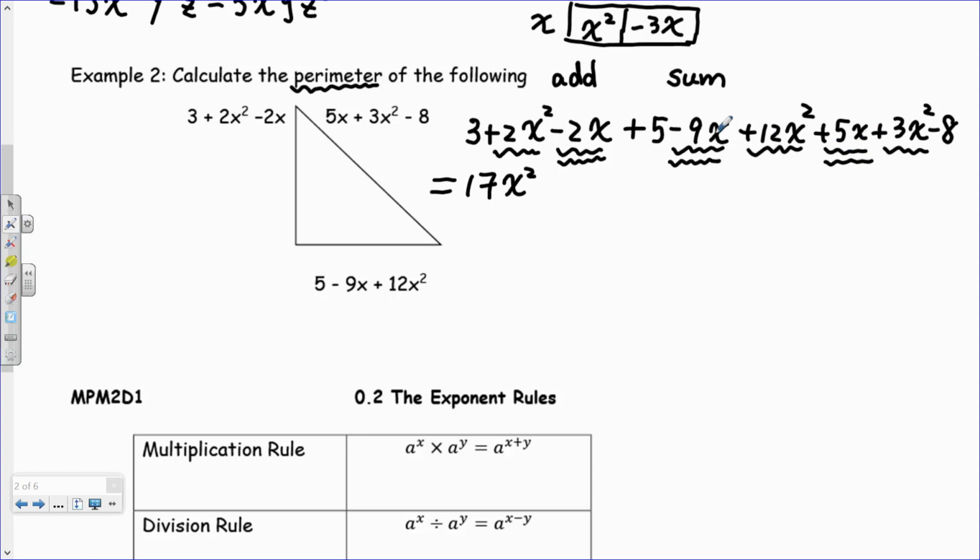All of them have variable x and degree 1, so they are like terms. Minus 2 minus 9 is negative 11, then plus 5 gives you minus 6x. Then the constants: 3 plus 5 minus 8. 3 plus 5 is 8, minus 8 gives you 0. You don't need to write it here.